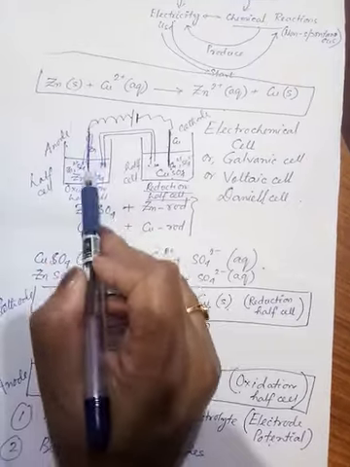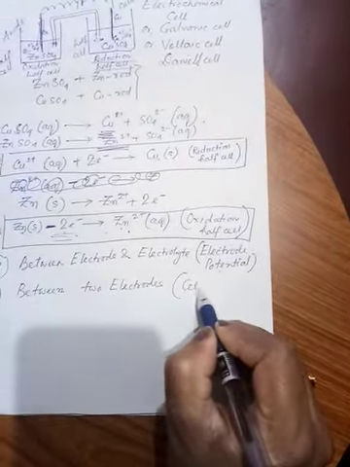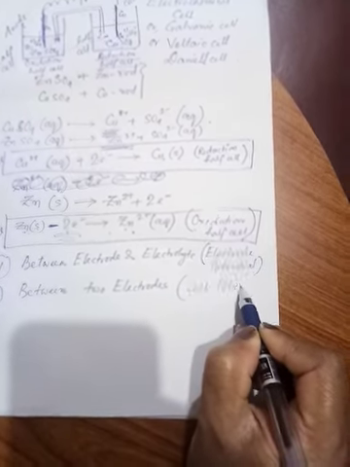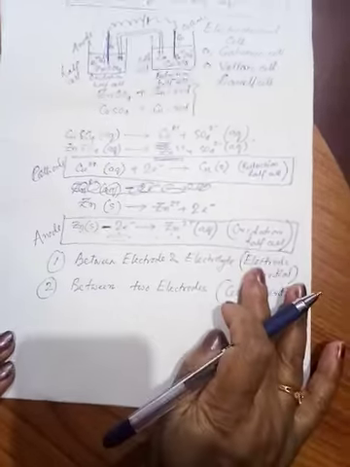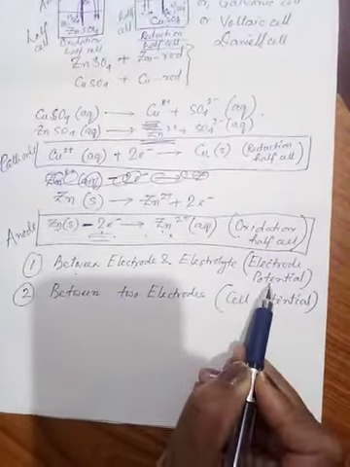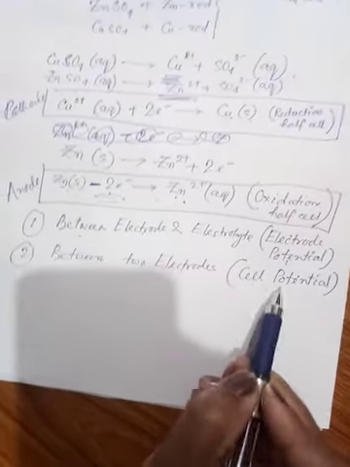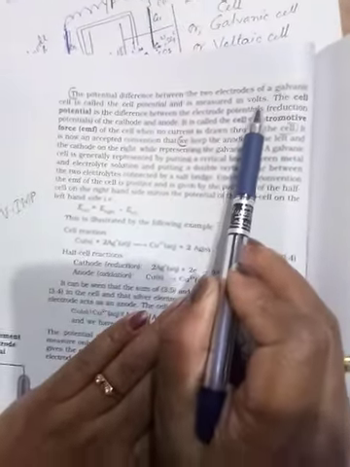We are seeing this is one electrode and this is one electrode. Between these two, this is called cell potential. So two different things, please remember them. Between electrode and electrolyte is electrode potential, between two electrodes is cell potential. You can see it in the textbook, and it is measured in volts.